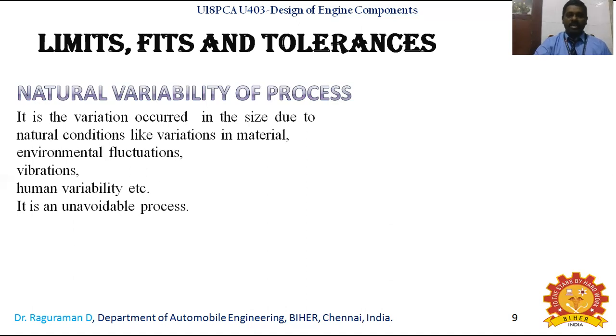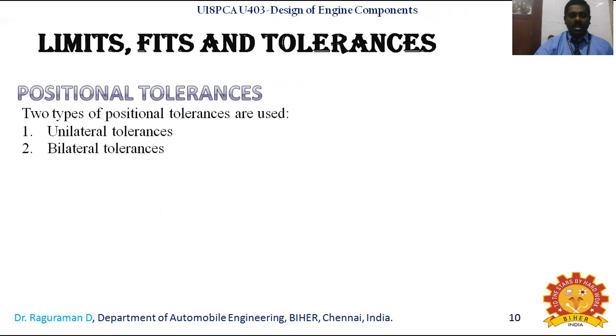Anyway, you need to fix a tolerance. By fixing the tolerance, we can check whether it is an acceptable limit or a rejectable limit. Then you have to go for a review that we can decide after fixing the tolerances. Now you will be seeing about two main tolerances: unilateral tolerance as well as bilateral tolerance.